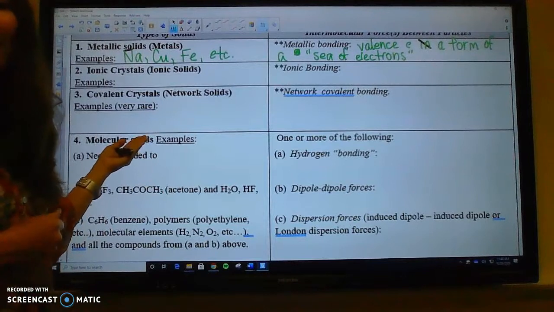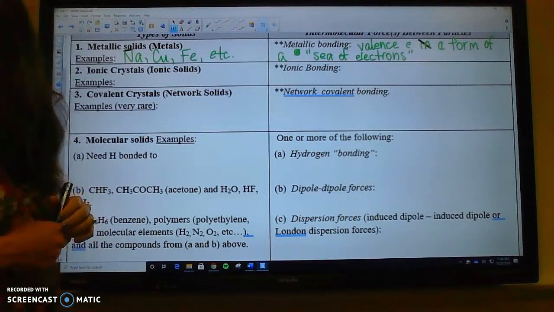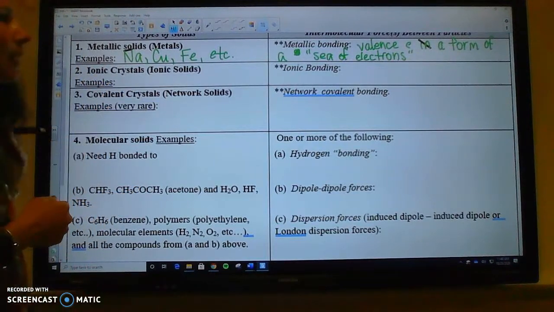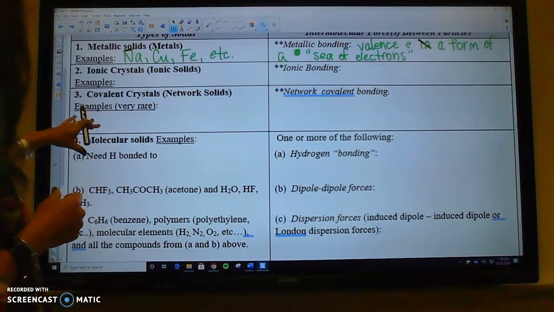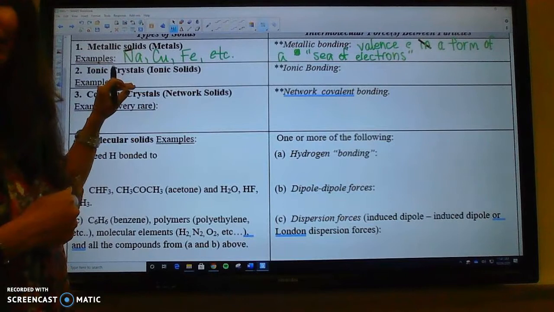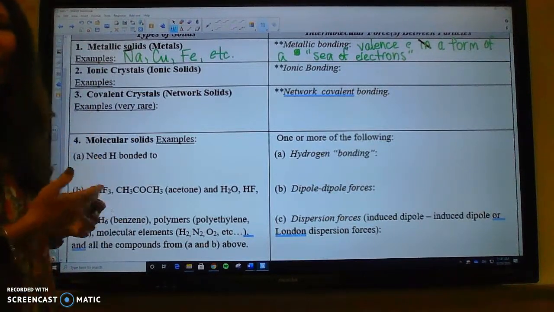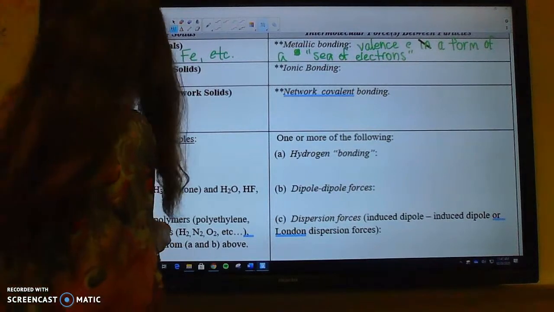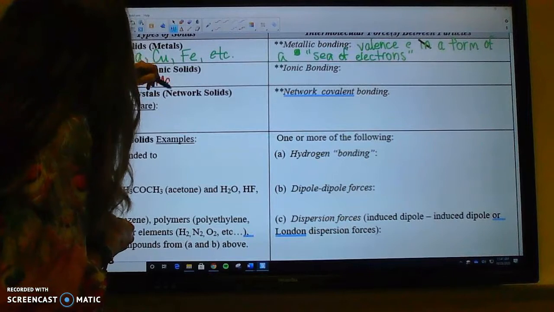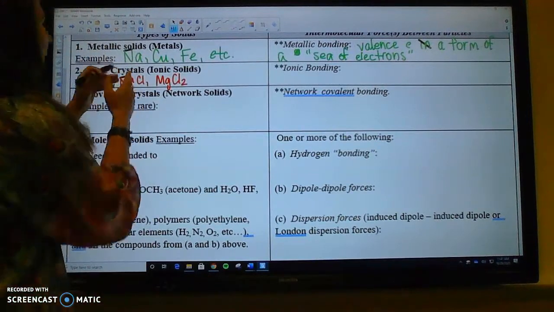Then covalent compounds, we're going to have a couple of different types. One is a network solid. Anyway, these are ionic compounds, not covalent, so we're going to talk about ionic first. These are the typical ionic compounds that you're familiar with, like table salt. Other chlorides like magnesium chloride, anything that contains a metal with a non-metal.